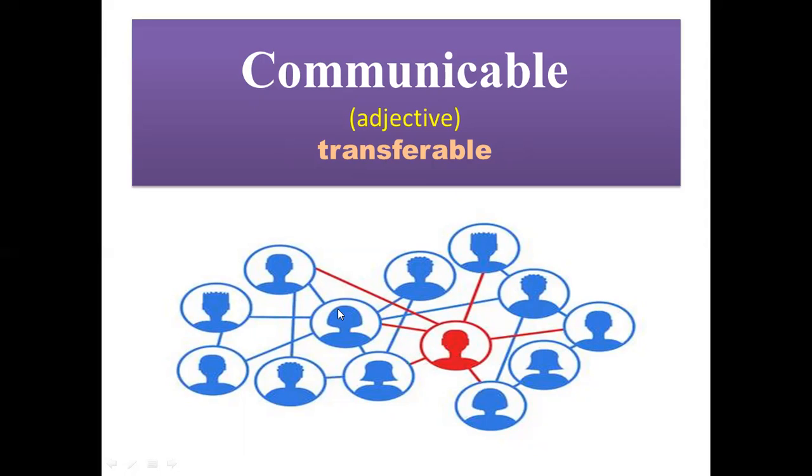Okay, because we are talking about medical terminology, we are taking communicable in the same manner. If someone has a disease, it is communicable if it can be transferred to another person, if it can be transmitted.